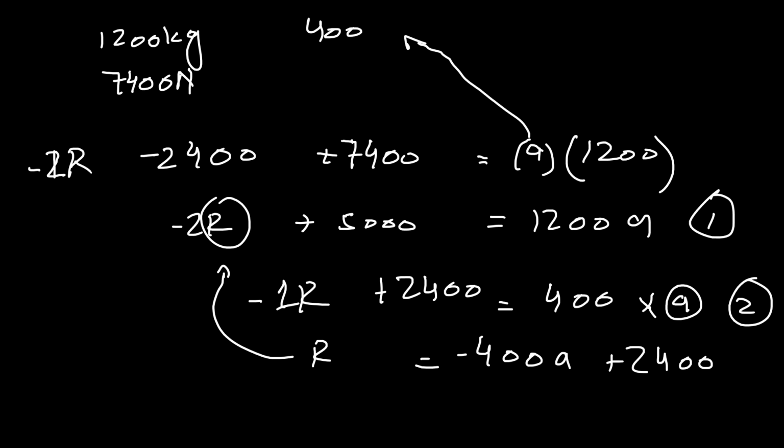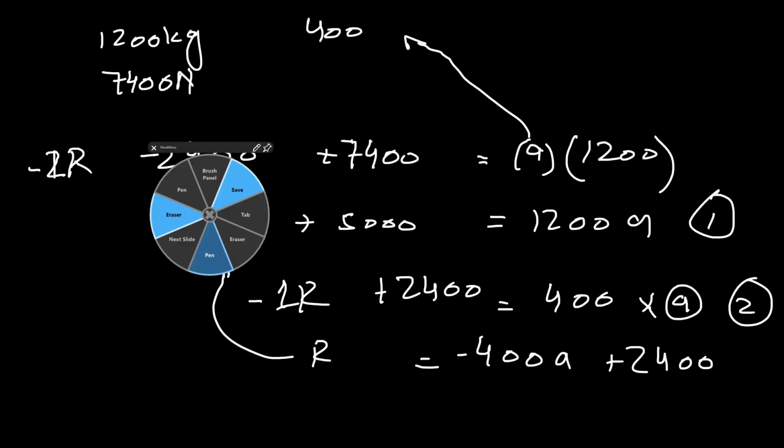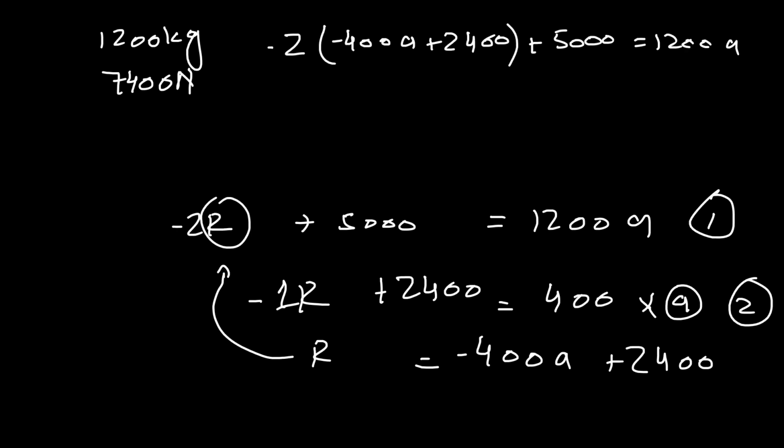What we get is minus 800A, plus 800A, minus 4800 plus 5000 is equal to 1200A.